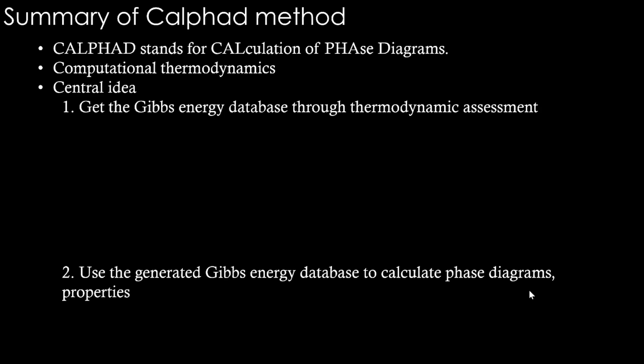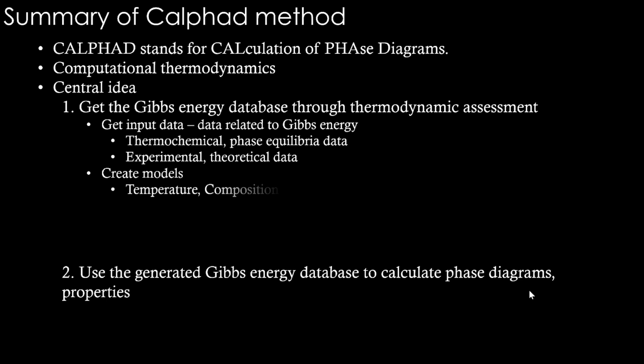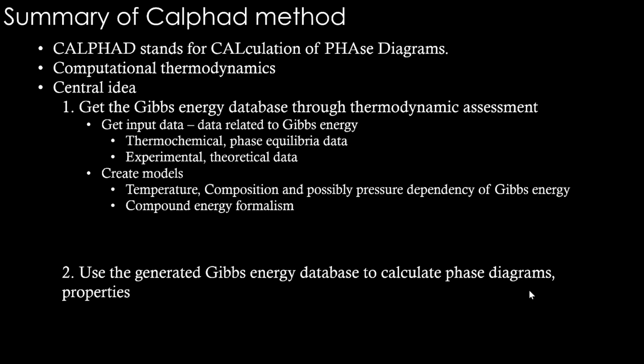So in the first part, there are more things, that is get the input data related to Gibbs energy, which are thermochemical data and phase equilibria data. They can come by experimental means or theoretical means. Then Gibbs energy models are created to account for temperature, composition, and possibly pressure dependency of Gibbs energy. And things like compound energy formalism are used there.